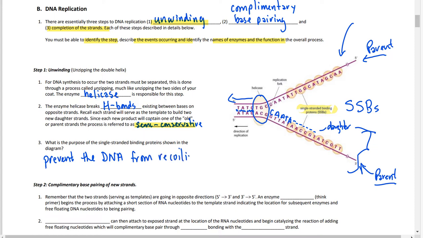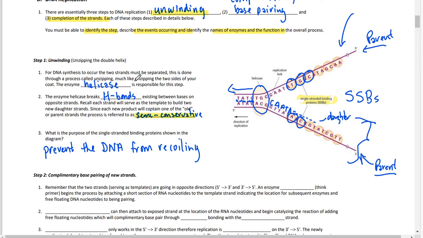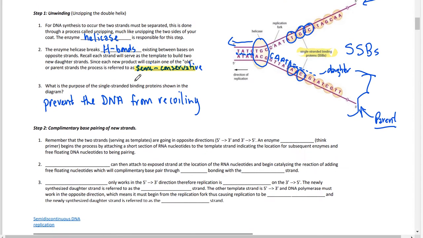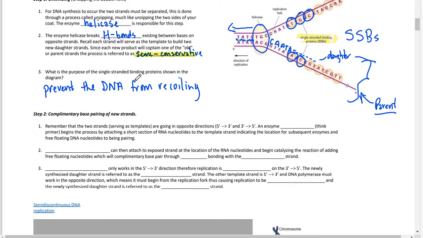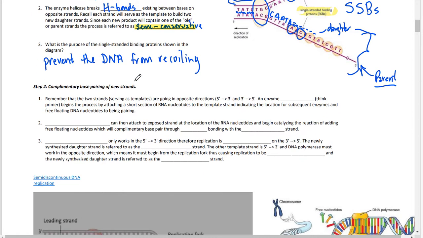So once helicase has done its work of unzipping the molecule, they bind onto each parent strand, preventing those hydrogen bonds from reforming and the DNA molecule reforming the double helix.